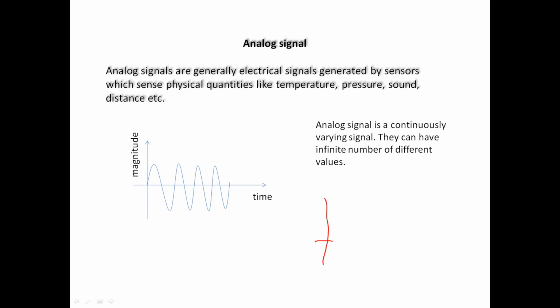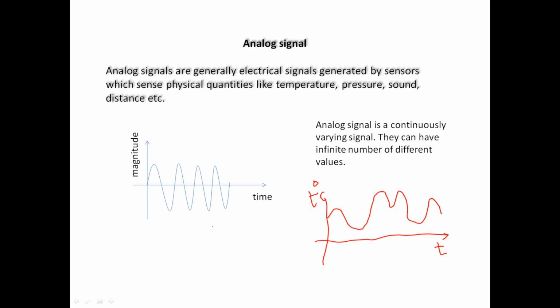If you consider time on the x-axis and plot the temperature on the y-axis, you can see that the temperature of a cabinet may increase, it may decrease, it may again increase. So there are multiple possibilities of changing the temperature. This is something which is continuously changing. This is an analog signal, which is a continuously changing signal.